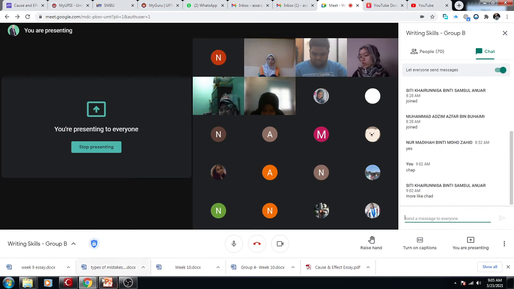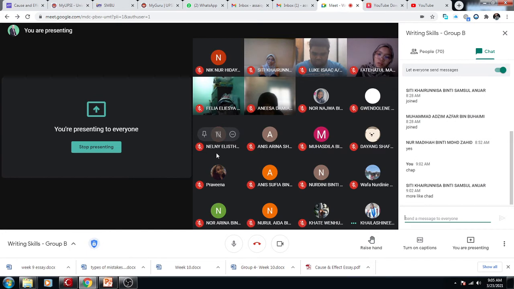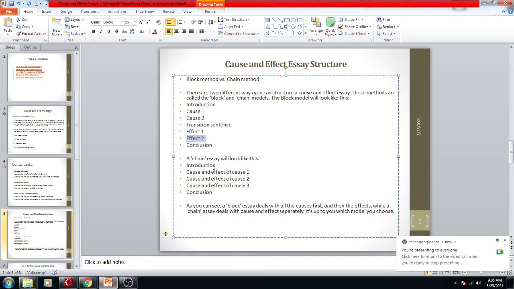The other method is the chain method, where you discuss a cause and its effect immediately. A cause and effect. So this is how the chain method looks. You have an introduction, then cause 1 and the effect of cause 1. You have cause 2 and its effect.